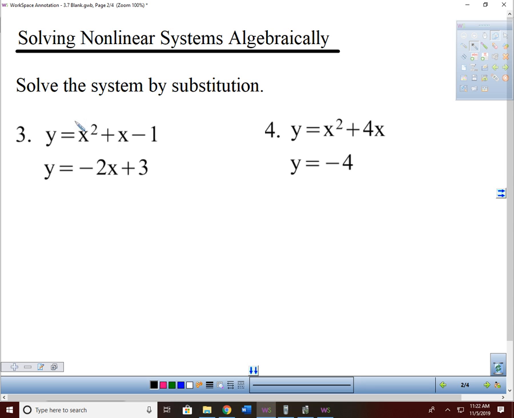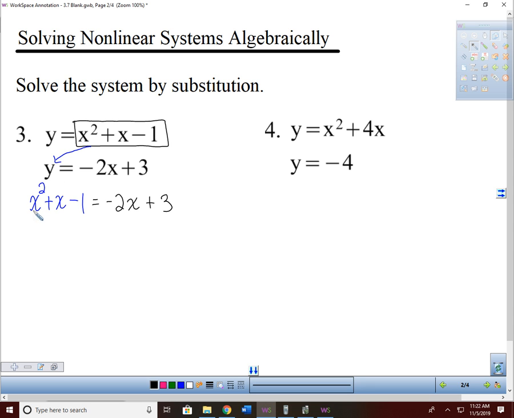So I can take all of this right here, and I can plug it into the other equation for y, because y is equal to that. That means I just take this y out, and I'm going to replace it with everything in this box. So x squared plus x minus 1. All right, then I just write the rest of the equation. Equals -2x plus 3.